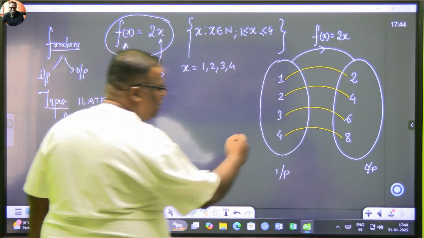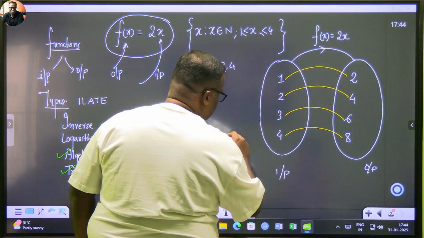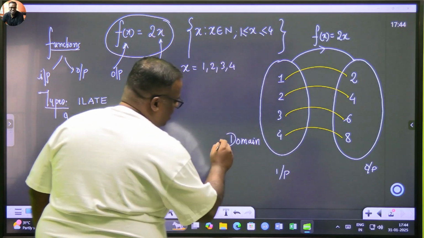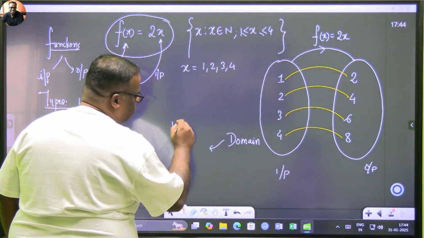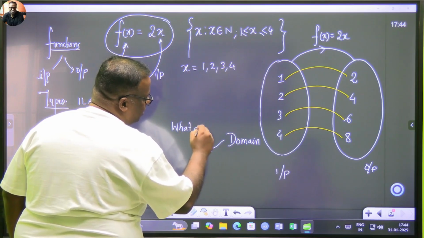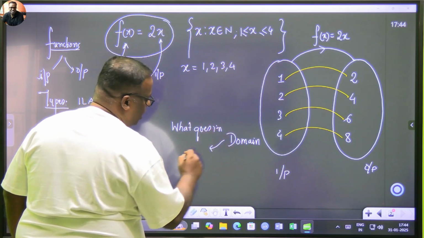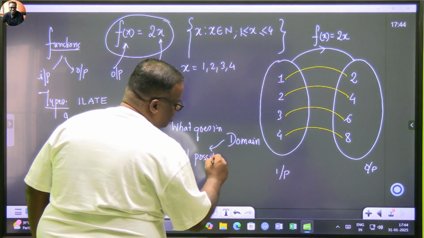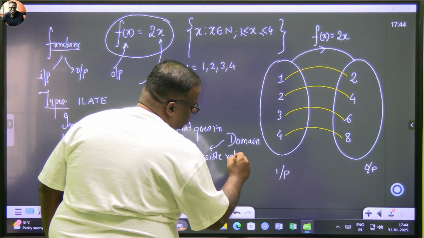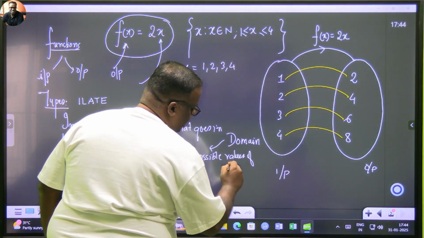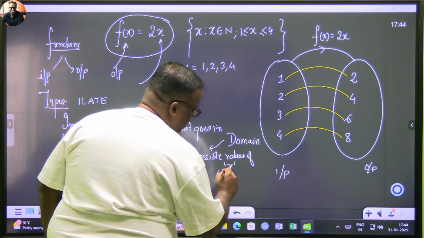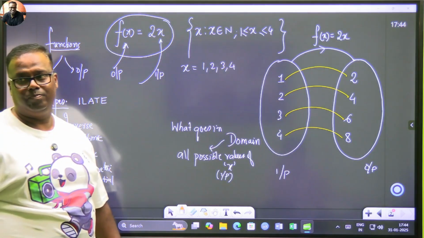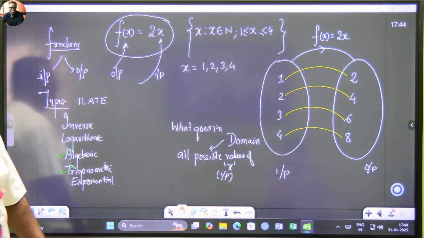All the possible inputs are known as the domain of the function. Domain. Your book will say what goes in. What goes in, or in better mathematical language we say all possible values of x, or in other words the input, all possible values of x is known as your domain.